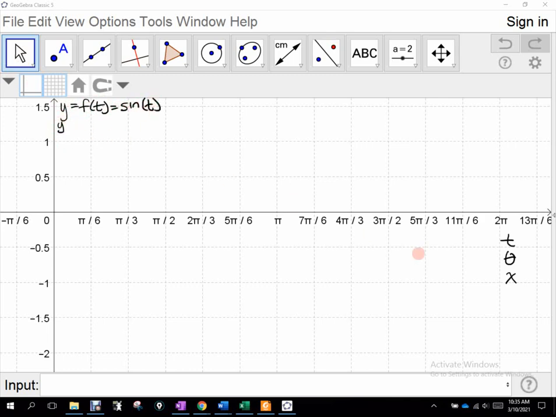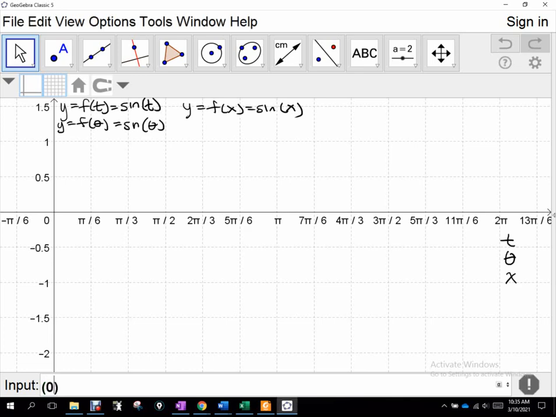If I use theta, this would be y equals f of theta, or equal to sine of theta. And if I left it as x, we would establish that this is y equals f of x, or the sine of x. Does that make sense? So just a redefinition of your variable doesn't really matter too much. You'll see all of those being used.